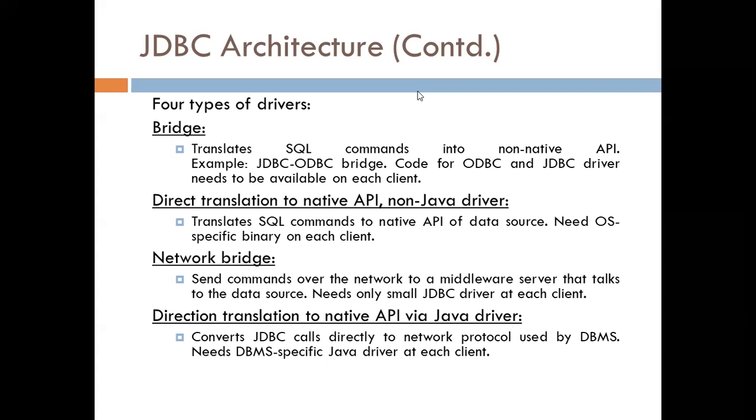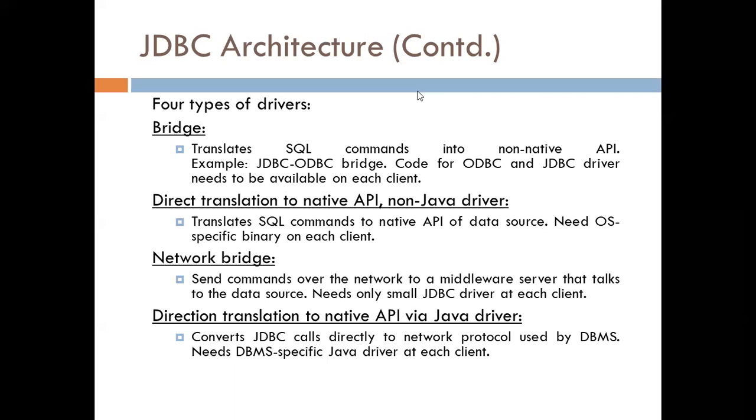In type 2, it is the direct translation to the native API via a non-Java driver. Whatever we are discussing here is specific to Java. This type of driver translates the JDBC function calls directly into method invocations of the API of one specific data source. Here the driver is usually written in a combination of maybe C++ and Java, and it is dynamically linked and specific to the data source.